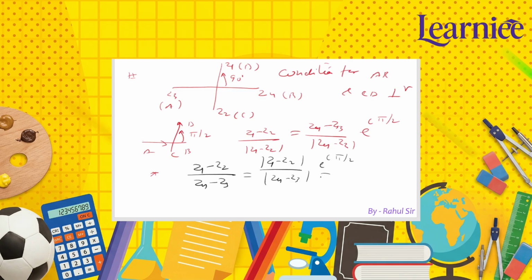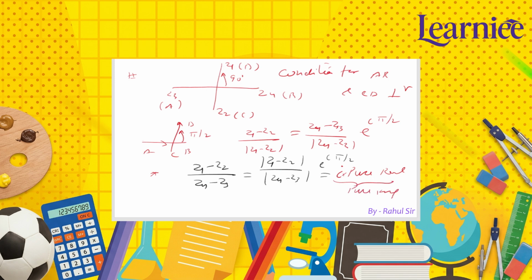See, if we simplify this part, we'll see that this is a real number and e to the power i pi by 2 is i. So I can say it's nothing but i into a pure real number, because modulus is a pure real number. So essentially, if Z1 minus Z2 and Z4 minus Z3 are perpendicular, it is i into a pure number, that means this is nothing but pure imaginary.